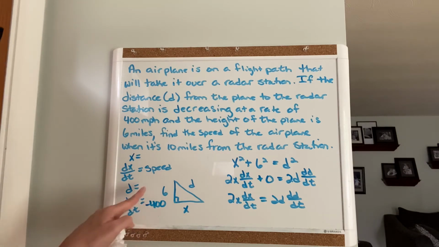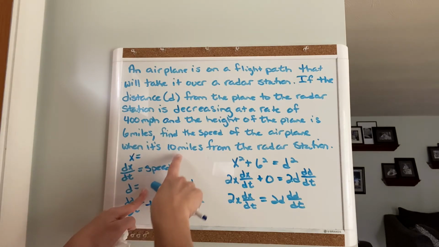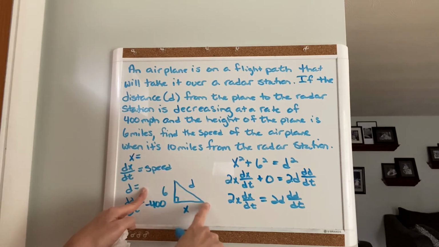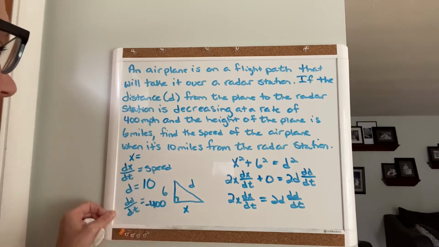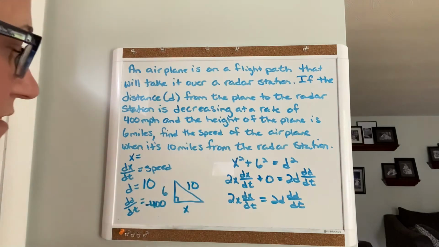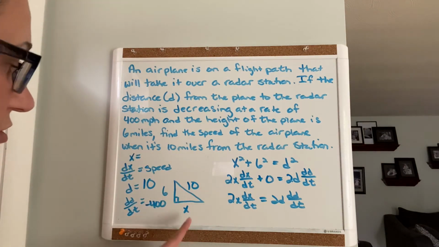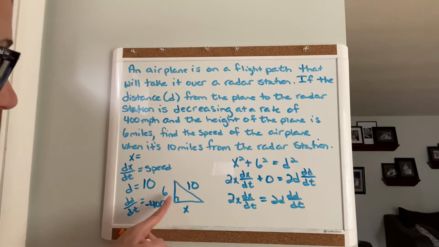All right, they want to know what's the speed of the airplane when the distance from the airplane to the radar station is 10. So we're going to let d be 10. Now, if we let d be 10, can't we do the Pythagorean theorem to find the value of x? So you would get x squared plus 6 squared equals 10 squared.